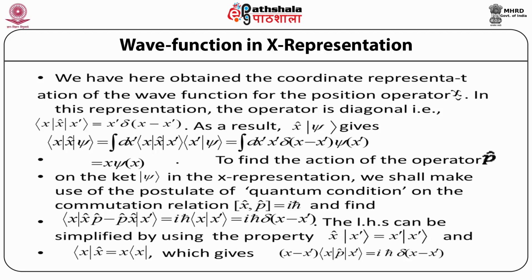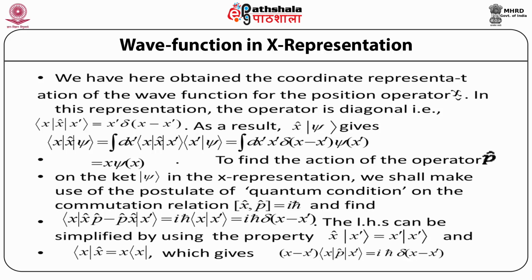As a result, operator x acting on the state vector psi gives bra vector x operator x state vector psi is equal to the integration over dx prime of bra vector x operator x ket vector x prime bra vector x prime ket state vector psi, which is equal to the integration over dx prime of x prime delta x minus x prime psi x prime, and this is equal to x psi x.